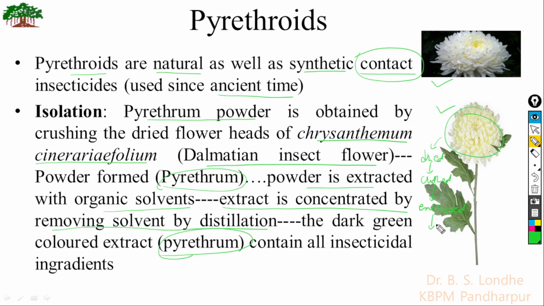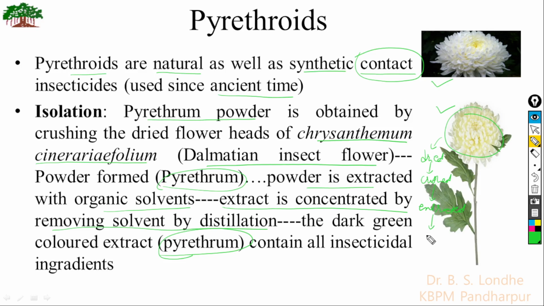Extraction is the process by which the organic content is dissolved in the organic solvent, and then the organic solvent is evaporated with the help of distillation or a rotary evaporator, and we get the pure organic compound that may be in liquid state or in solid state.